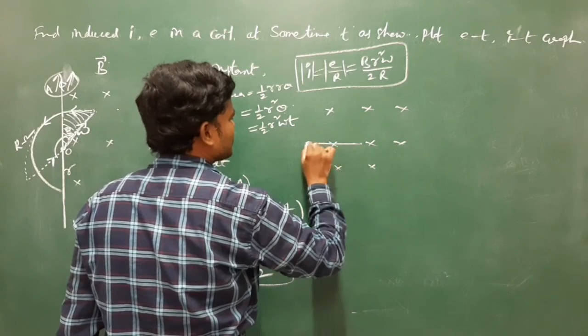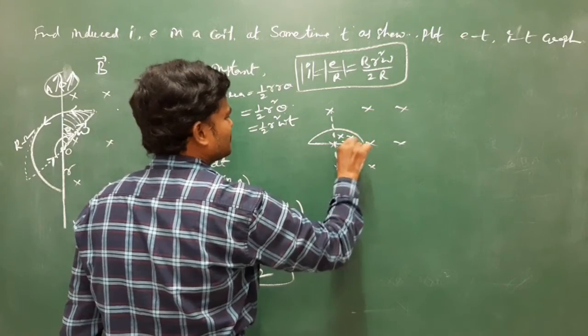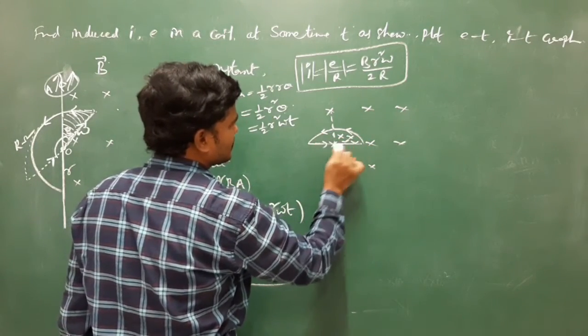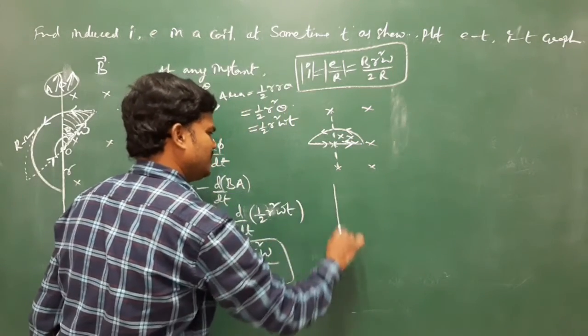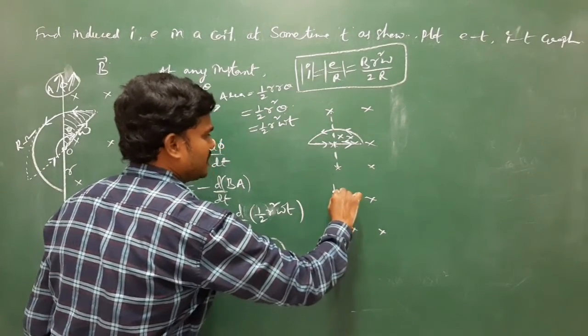In the next situation, the diagram looks like this. Only this part is occupied. Again the direction is anti-clockwise. In the next situation, just imagine correctly, it will come like this.